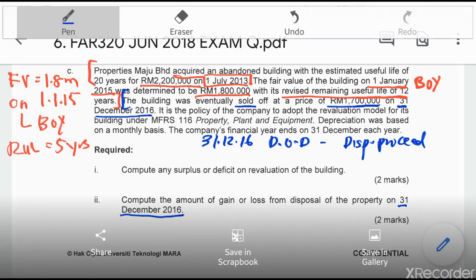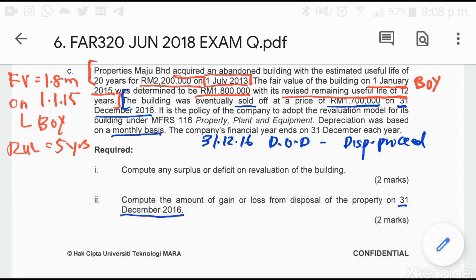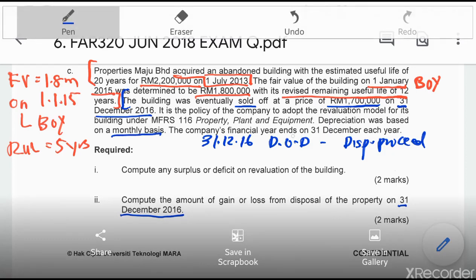So in that year, you need to check whether you still provide the depreciation for the abandoned building. Why? Because it depends on whether it is on a monthly or yearly basis. As you know, for monthly basis, you still provide depreciation of the disposed asset up to the date of disposal.